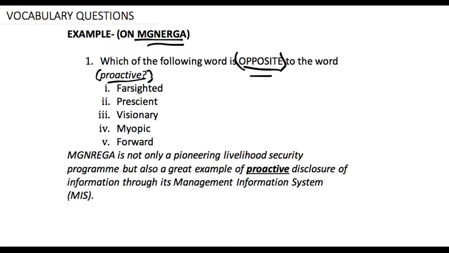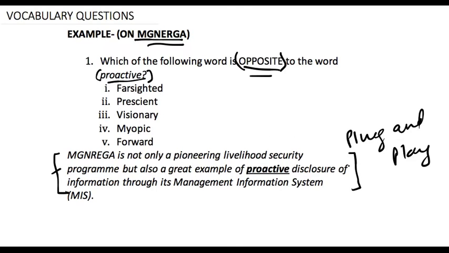If you know the meaning of proactive, only then can you go forward with this approach. Otherwise, you will have to follow the approach of plug and play. To follow the approach of plug and play, you will have to find out the specific sentence which mentions the word proactive in the comprehension.